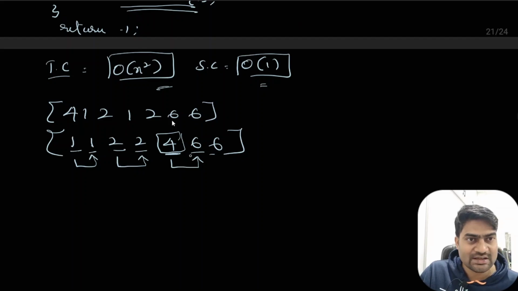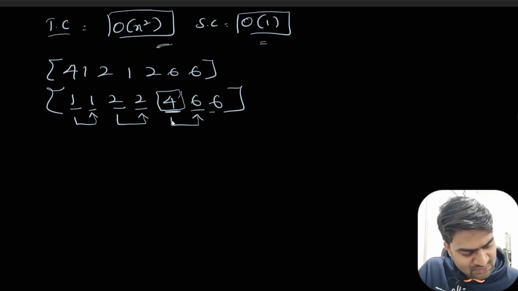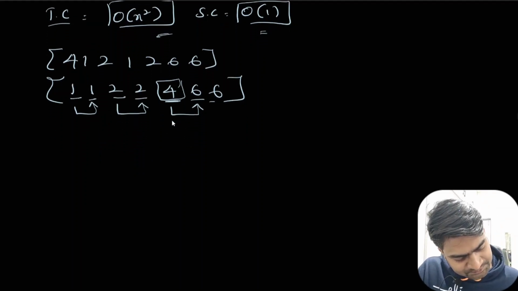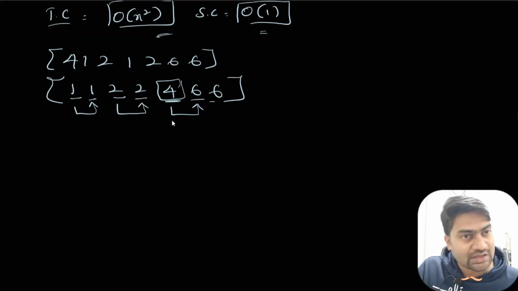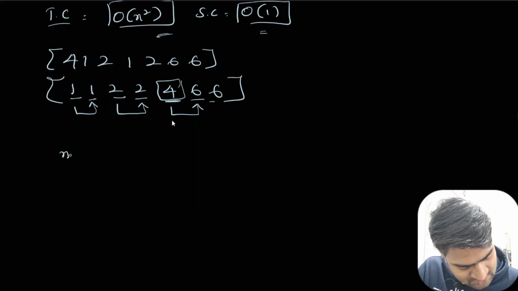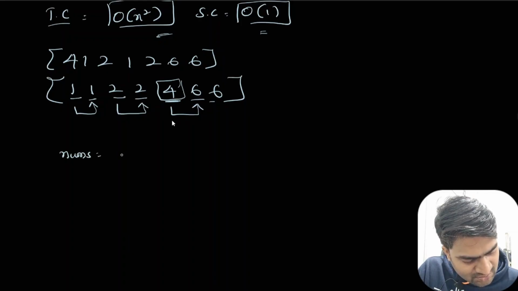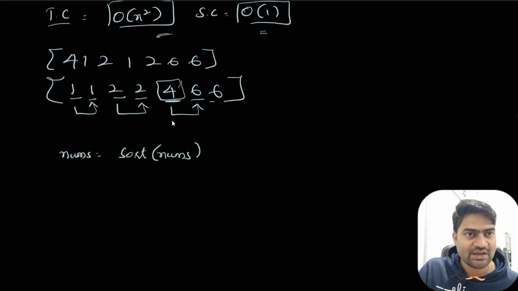Okay, let's try to write the pseudocode for this one. So now I will first sort my array. So nums equal to sort nums. Okay, so this one will give me the sorted array.